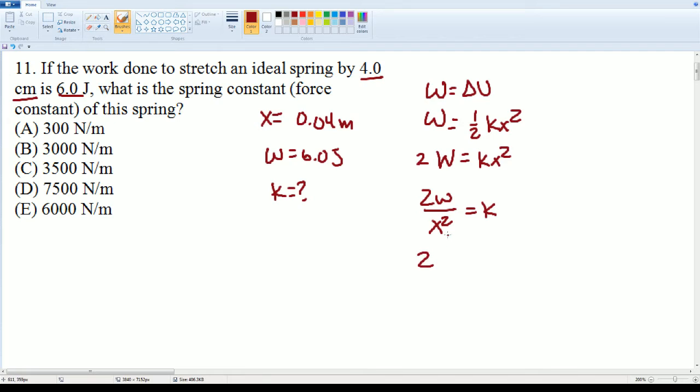The work is 6 joules and x is 0.04 squared. So k equals 2 times 6 divided by 0.04 squared. That gives me k of 7,500 newtons per meter. Yep, that works.